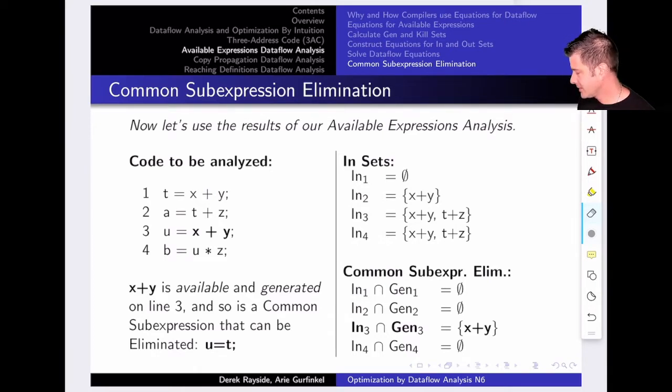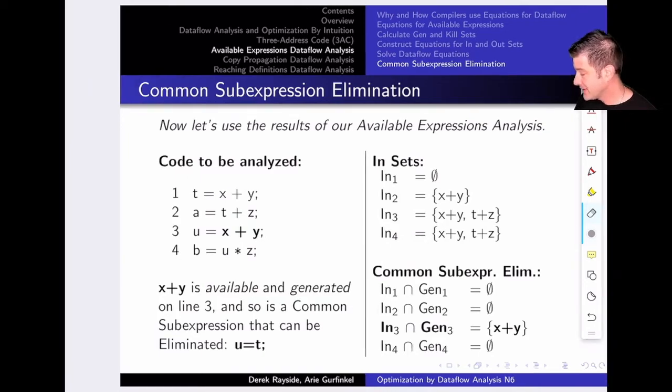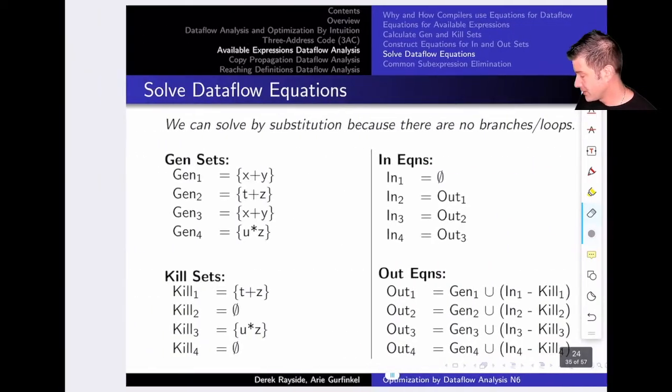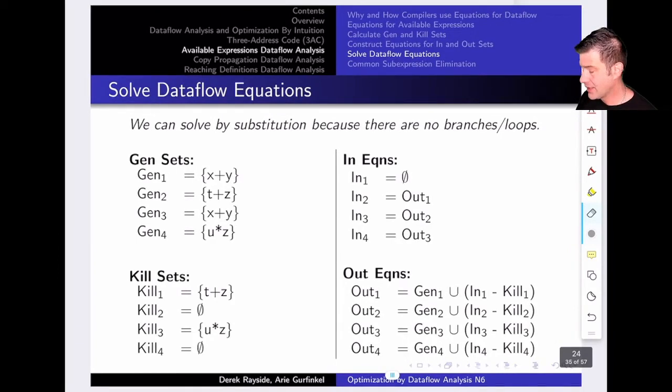So the question is, if I look at CSE, if I look at this computation, we only use insets and gensets. So why do we need outsets? Maybe we don't even need to compute them. And the answer here is that you need the outsets in order to solve the equation. Our equations have in and out.